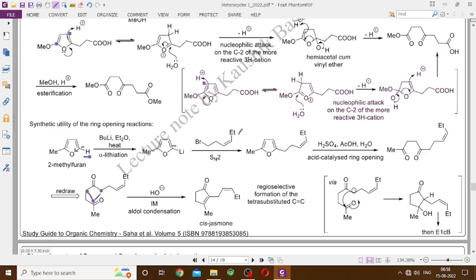The reaction can take place, but the 3-membered ring being very unstable, the aldol reaction will be reversible and it will immediately open up.